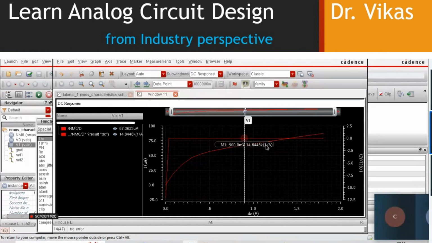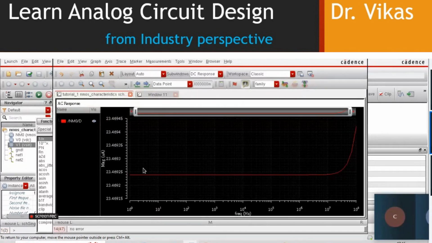That's how to represent this. So that means 14.844 kilo ohm. This is how we can calculate the output resistance with respect to the DC analysis, and the same can be done with respect to AC analysis.